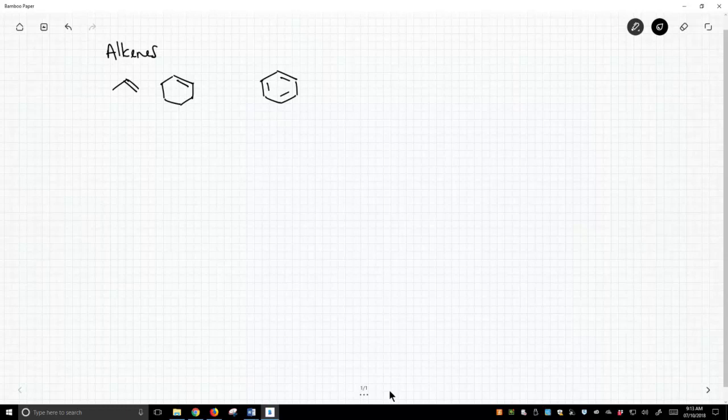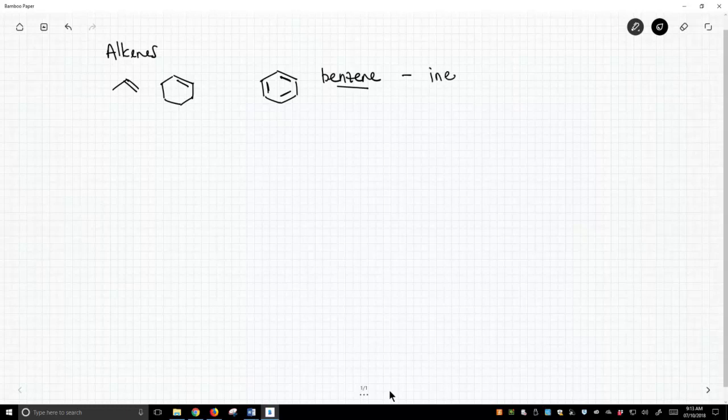And a benzene ring is where we have this six-membered ring and we have three alternating pi bonds with sigma bonds between them. So this is a benzene ring. Now, as it turns out, benzene does not undergo typical addition reactions.